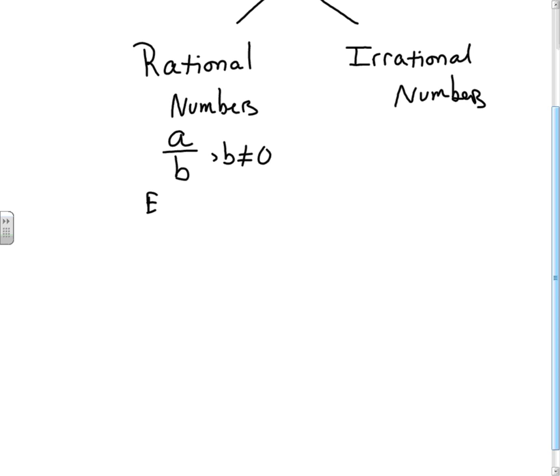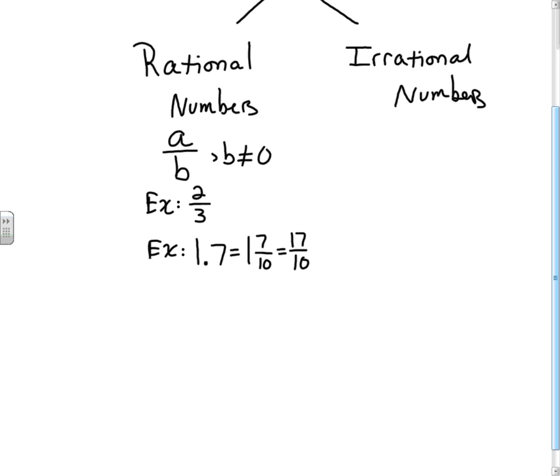For example, the number 2/3 is a ratio, 2 to 3. Therefore, it's a rational number. The number 1.7 is equivalent to 1 7/10, which you can write as 10 times 1 is 10, plus 7, 17 tenths.